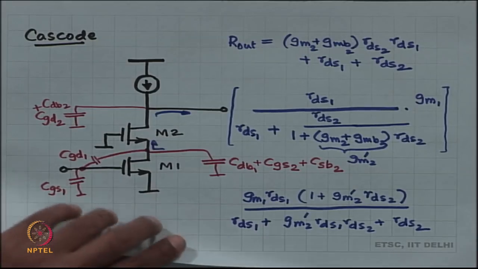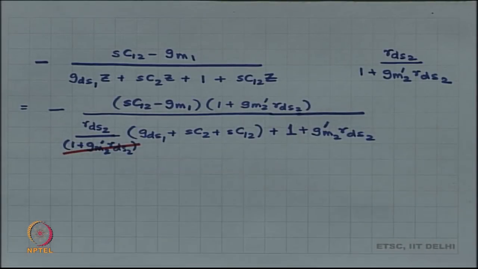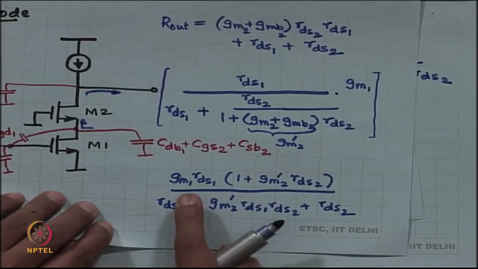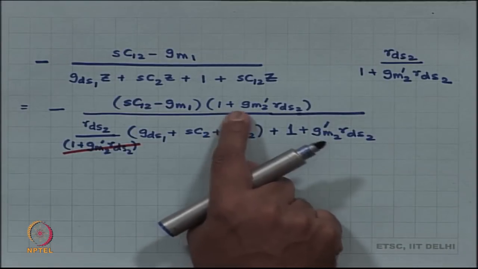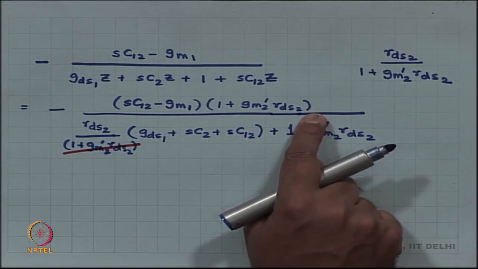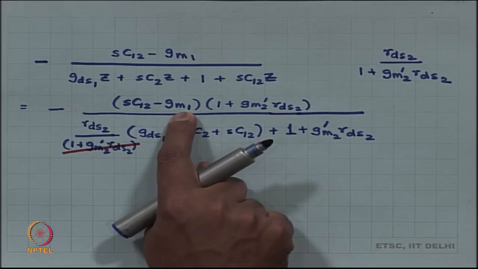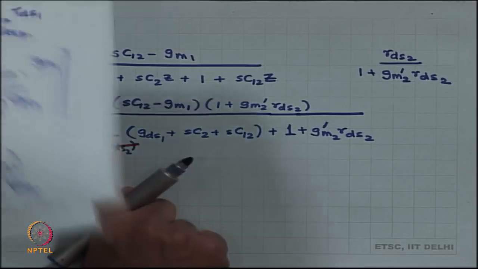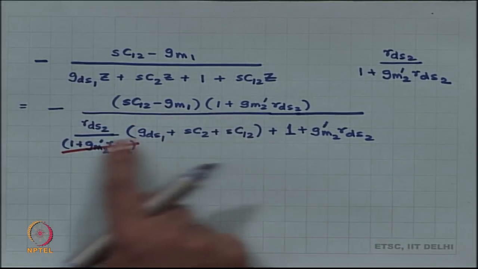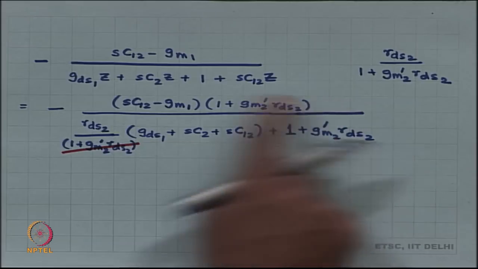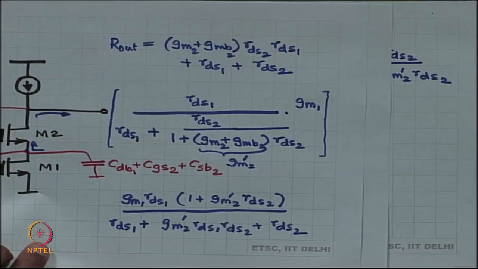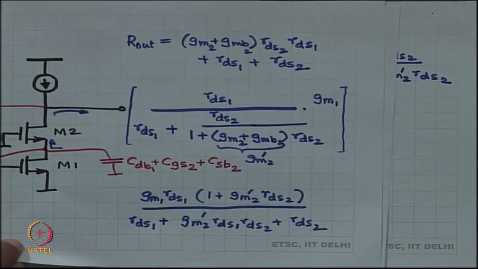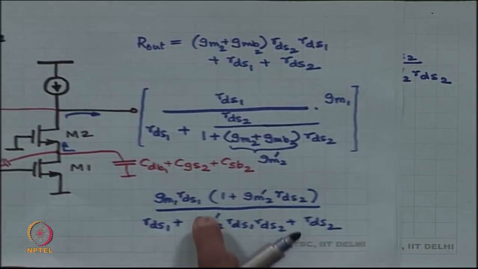Fine. Now, this DC term has to be taken out. Look over here carefully. GM1 RDS1 1 plus GM2 prime RDS2. 1 plus GM2 prime RDS2 appears straight away. GM1 is right over here, and an extra RDS1 has to be taken out, or rather, this is wrong, no, this is fine, this is correct. Why is this correct?